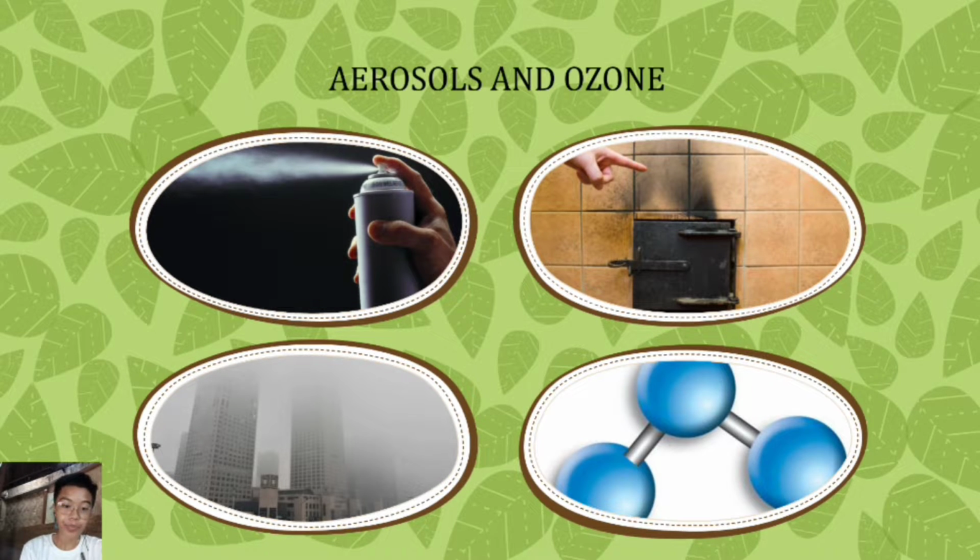Secondly, we have the ozone, especially in cities. It is a greenhouse gas that can be both good and bad for the environment. It's good though when it's high up in the atmosphere, as it helps block harmful radiation from the sun.